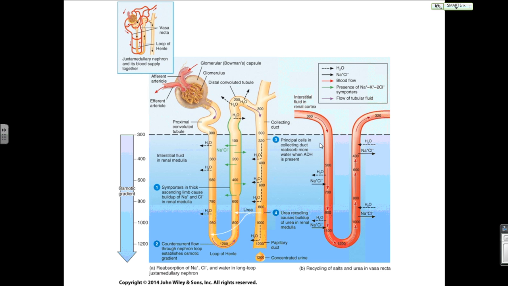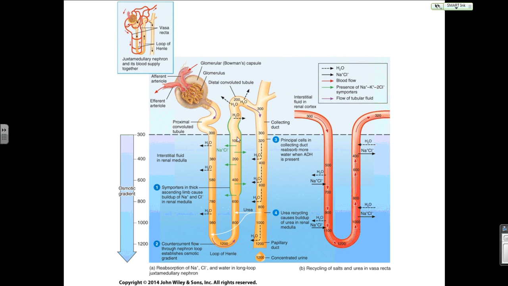All right, if I go back to this figure, I can kind of illustrate what's going to happen. So back here in our loop of Henle, we pumped out salt from our ascending limb, which means the fluid inside of our tubule is now pretty hypotonic, which means it's low in solute number.